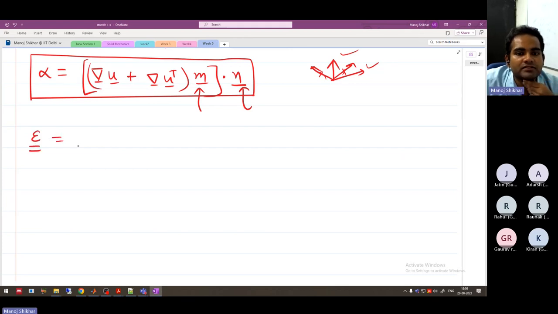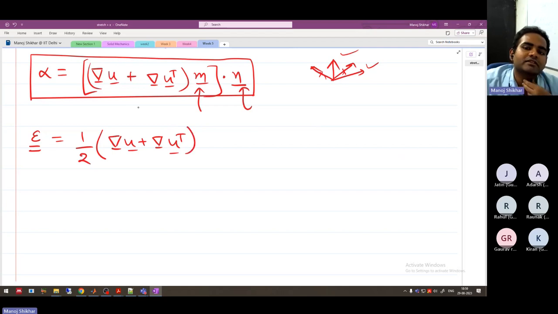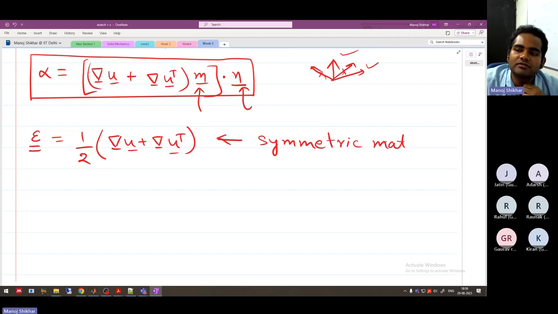The epsilon matrix in matrix form is written as follows, and we know that A plus A transpose by 2 is a symmetric matrix. So epsilon is a symmetric matrix, or tensor, I should say.